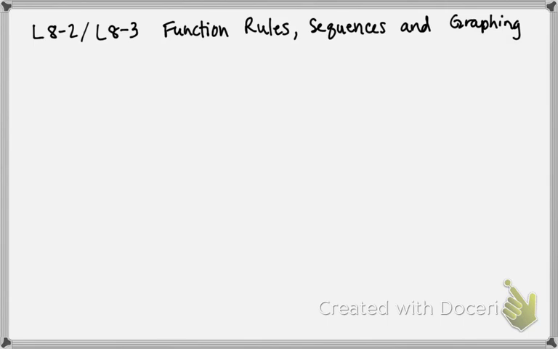All right, so let's talk about, we talked a little bit in our first set of notes about a function rule, and it basically is telling you what to do to the input so that you can get the output.